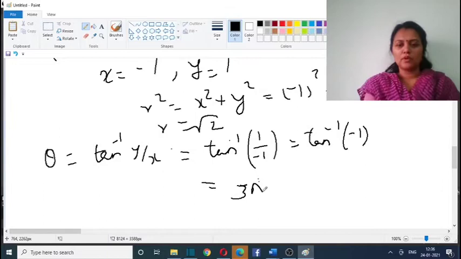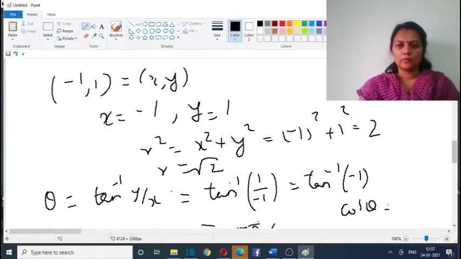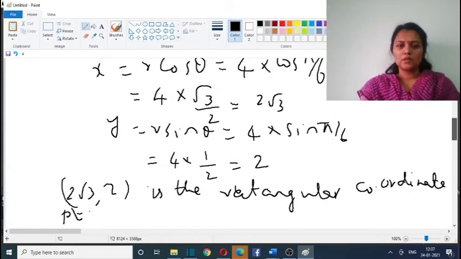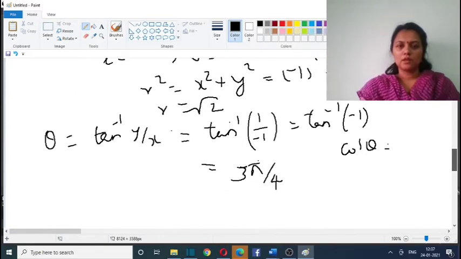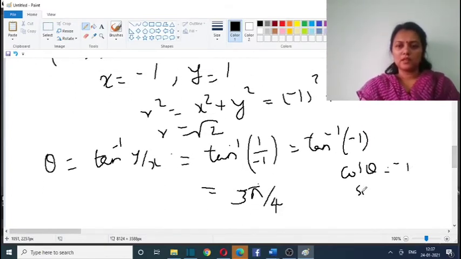So tan inverse of minus 1 is minus pi by 4, but we check the quadrant. r cos theta is minus 1, so cos theta is negative and sin theta is positive.